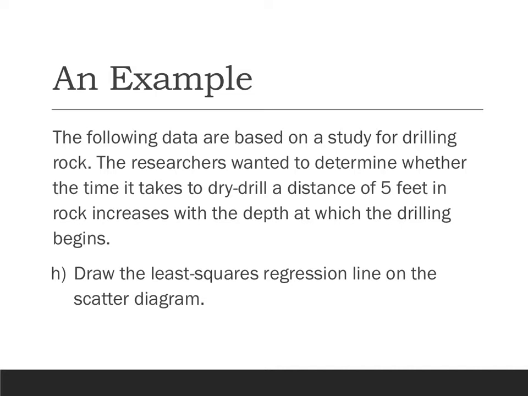So first of all, if we want to draw this least squared regression line on our scatter diagram, we can easily do that. In fact, it's probably already done. You just need to hit graph again. The main thing we want to make sure we do is to let that regression equation be stored as y1. So if you haven't already done that, let's take a look at how we can do that really quick.